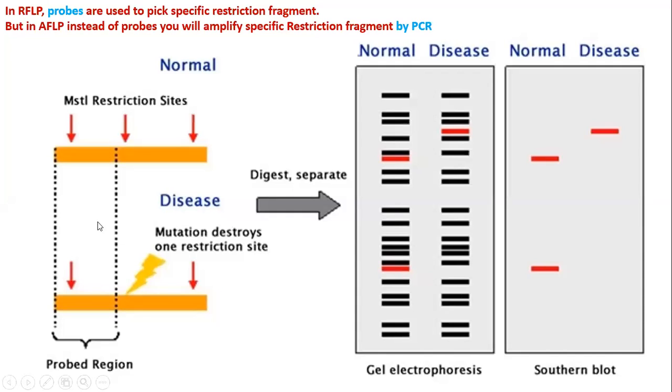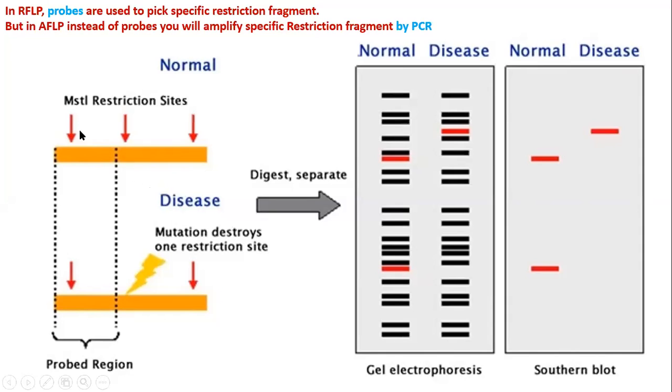So in this scenario, if you make a probe in terms of restriction digestion and Southern blot, you may not get the same bands in the disease condition. With three restriction sites, you get band 1 and band 2, probing to this region.